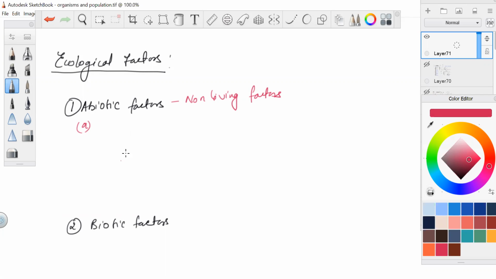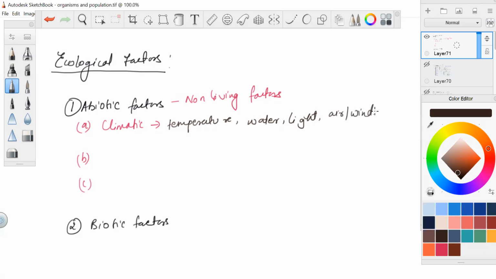In this, there are basically three. Why? Because under climatic only, you have already made slides also, notes also. It's temperature, water, light, air or wind you can say, humidity.